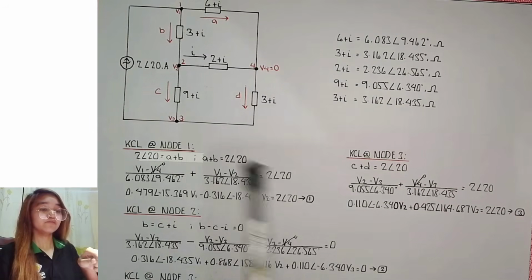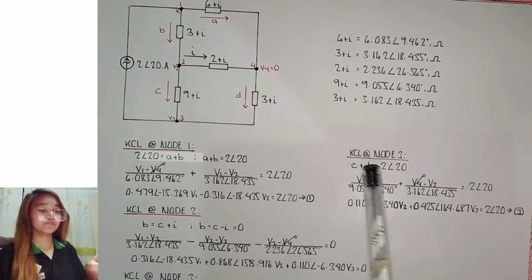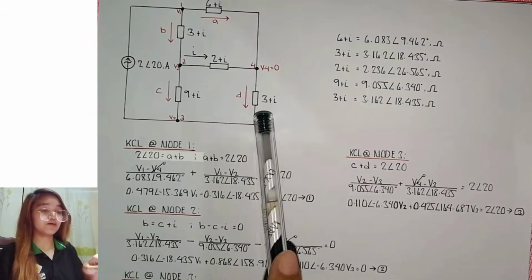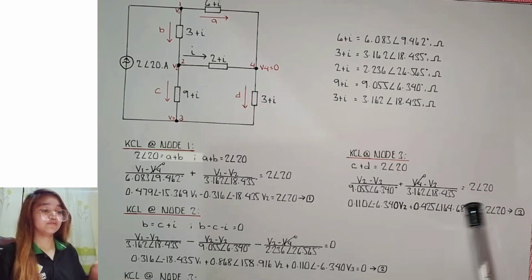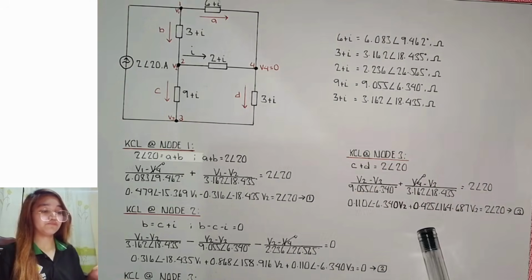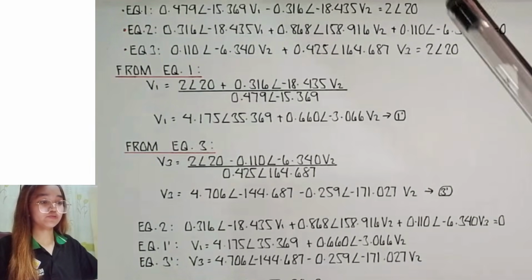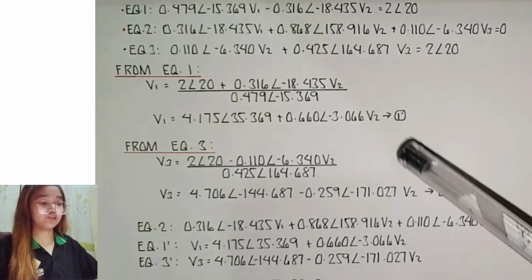So C, V2 minus V3 all over the impedance here, plus D, V4 minus V3 all over the impedance, is equal to 2 angle 20. So compute in the calculator, and this is the equation 3 now. So we have 3 equations now. So here 1, 2, 3, and we still need to reduce them.